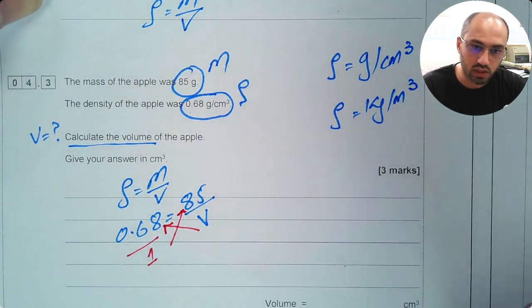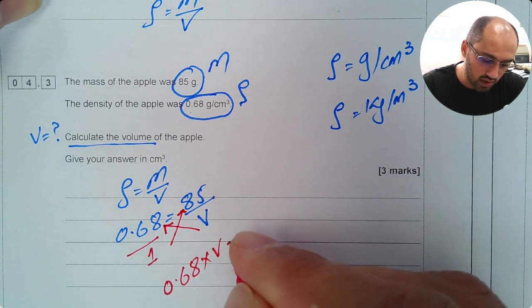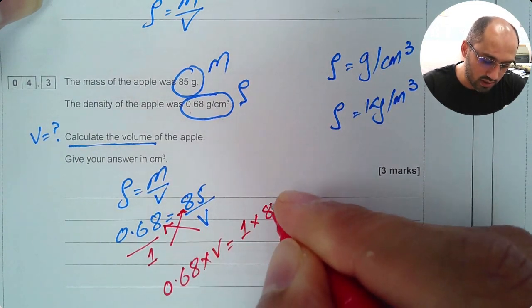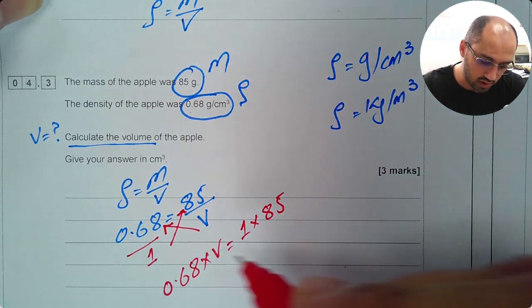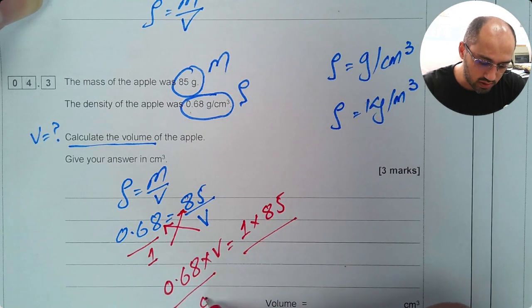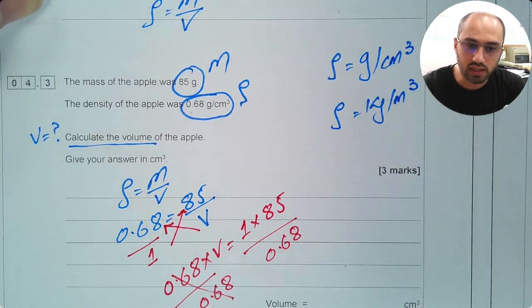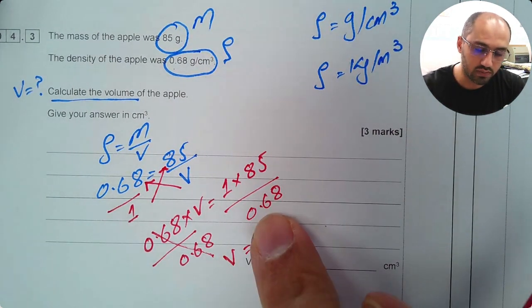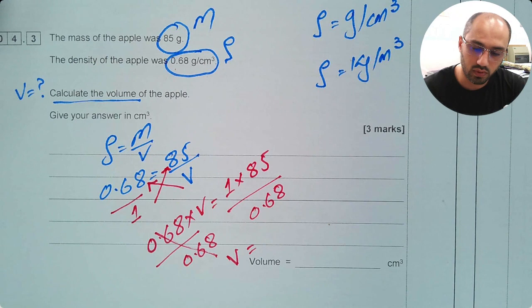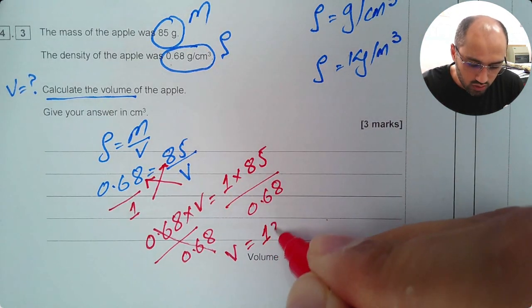So if you cross multiply them, it will become 0.68 times V equals 1 times 85. We now need to get the 0.68 off the left side. I'll divide both sides by 0.68. This will cancel out, leaving me with V only on the left side. And if you plug these values in your calculator, you will end up with an answer of 125 centimeter cube.